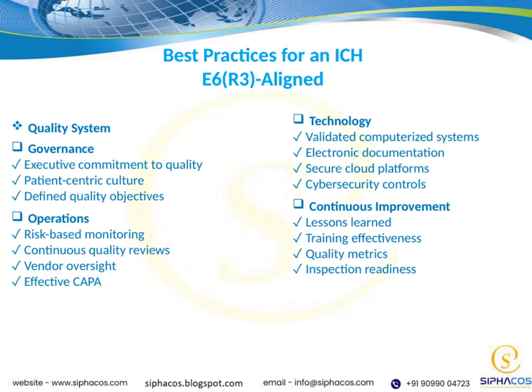Then, governance, with executive commitment, a patient-centric culture, and clear quality objectives. Finally, operations, emphasizing risk-based monitoring, ongoing quality reviews, vendor oversight, and effective corrective actions. Together, these build a robust quality system.